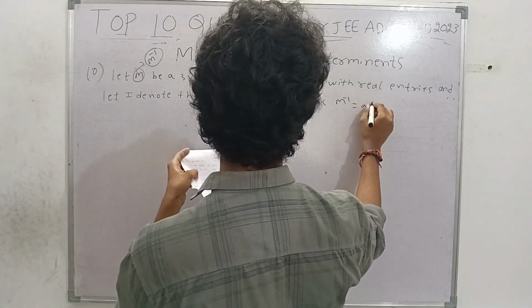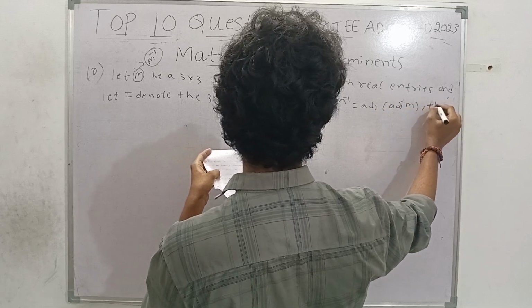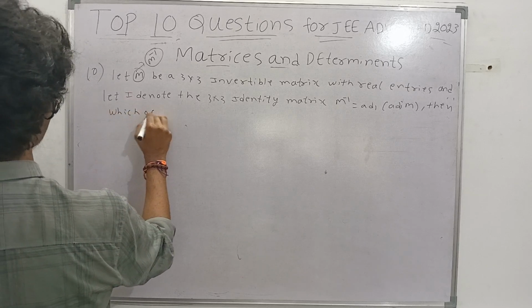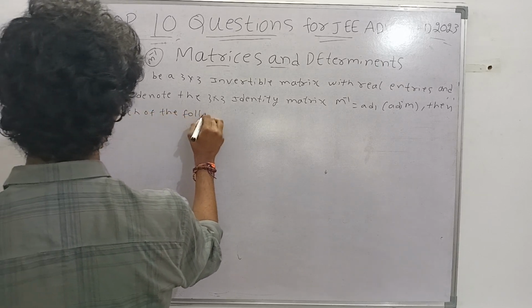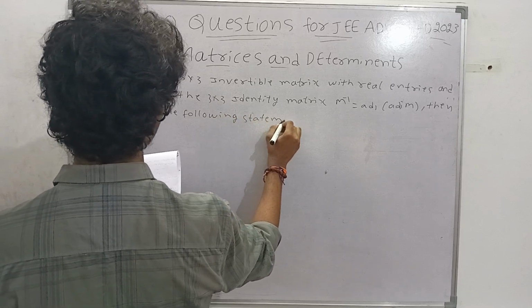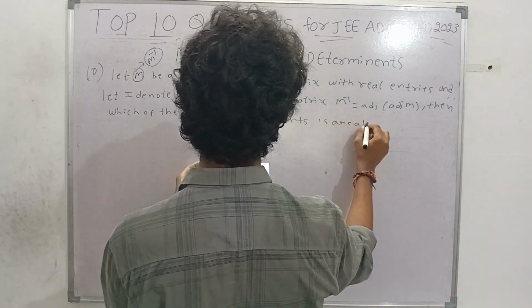M inverse equal to adjoint of adjoint M. Then which of the following statements is or are always true?